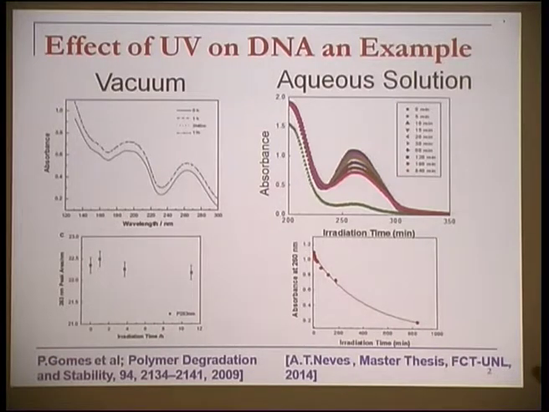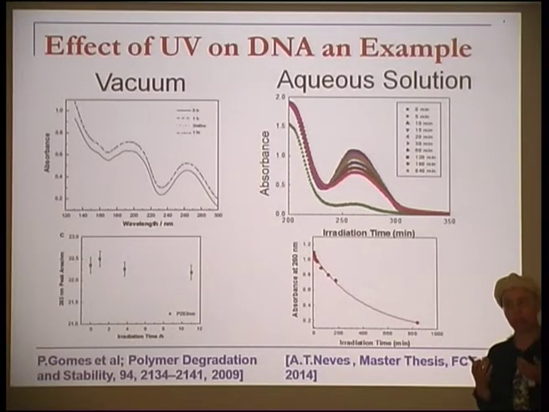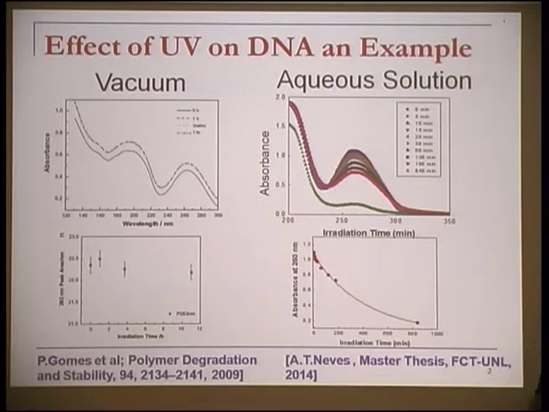So, if we study the DNA molecule or biological molecules in vacuum or without water, we have other processes which are not involved in nature when DNA is in the cell, which is in solution.